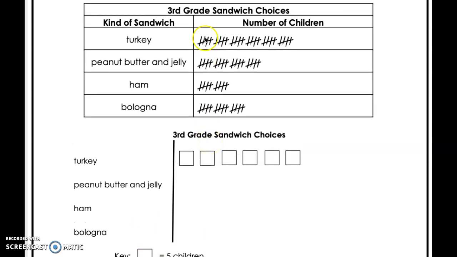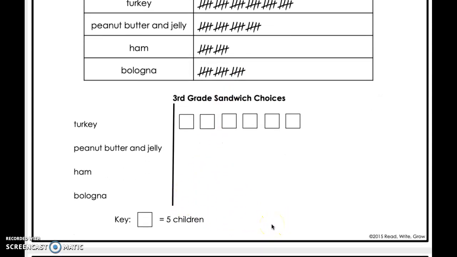So for turkey, there are 5, 10, 15, 20, 25, 30. So peanut butter, 5, 10, 15, 20. So how many boxes would we make? 4 boxes. How many boxes would we make for ham? 2 boxes. How many boxes would we make for bologna? 3 boxes. That is how you make a pictograph.